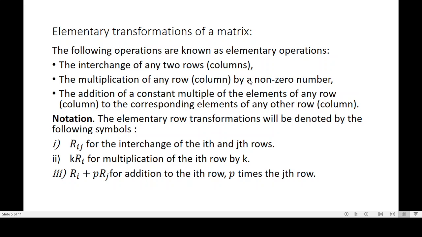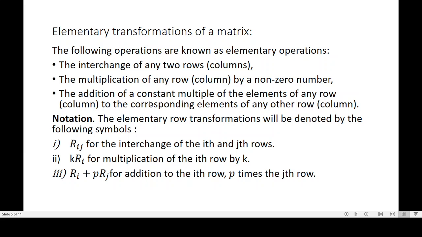The first row operation is interchange of any two rows. That is, you interchange any two rows of a matrix. If you interchange any two columns, then it is called column operation. The multiplication of any row by a non-zero scalar, by a non-zero number, that is the second elementary row operation.